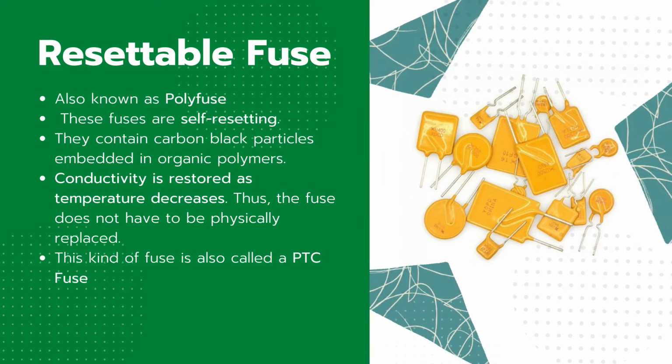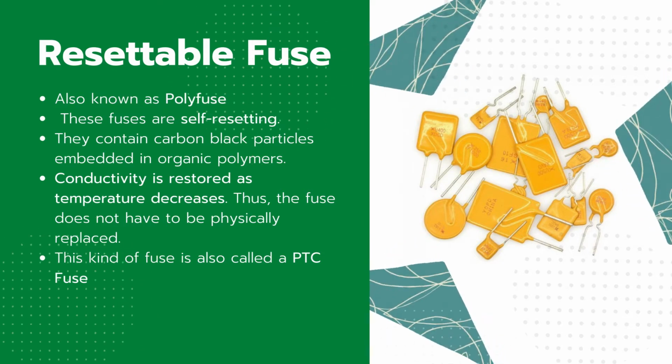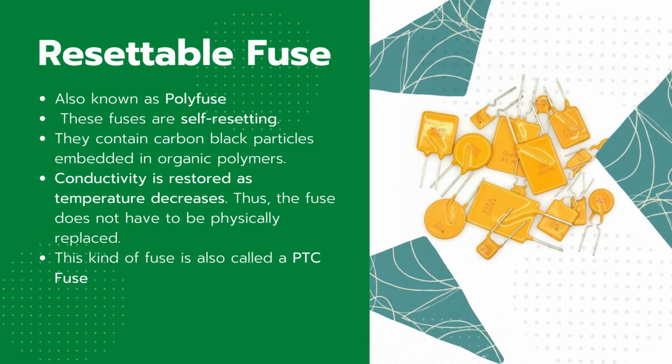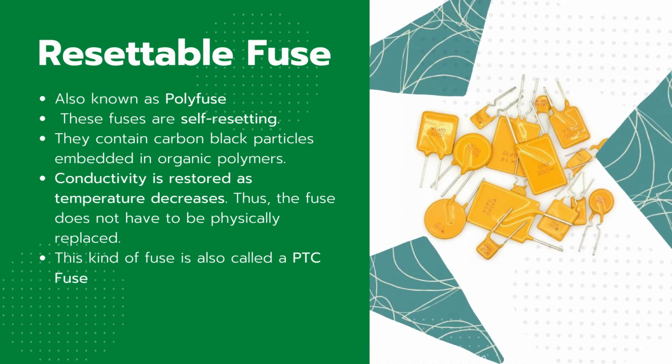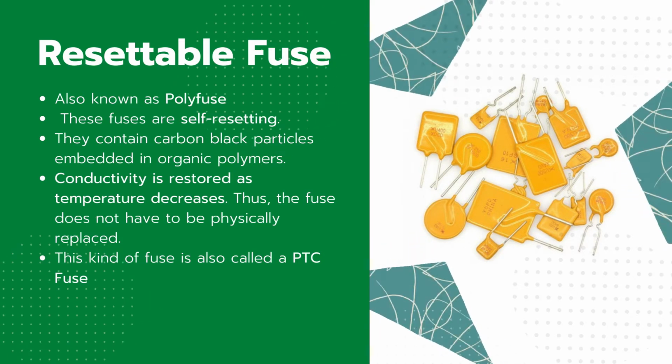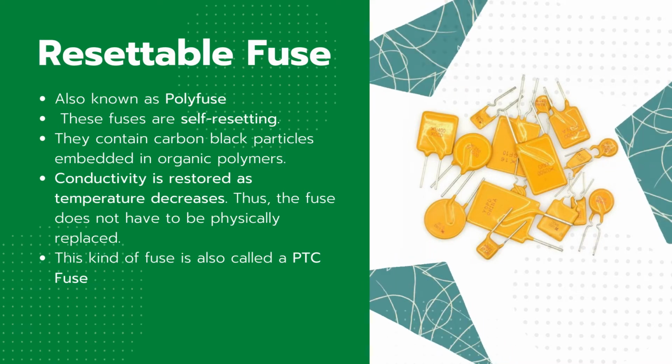The resettable fuses, or polyfuse. Like their name suggests, these fuses are self-resetting. They contain carbon black particles embedded in organic polymers. Normally, the carbon black makes the mixture conductive.